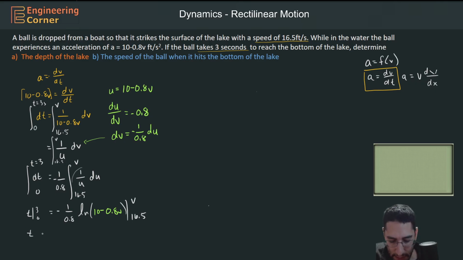So t is going to be, we'll multiply this by minus 0.8 times t is going to be equal to the natural log of 10 minus 0.8v minus the natural log of, well, this becomes a number, 10 minus 0.8 times 16.5.